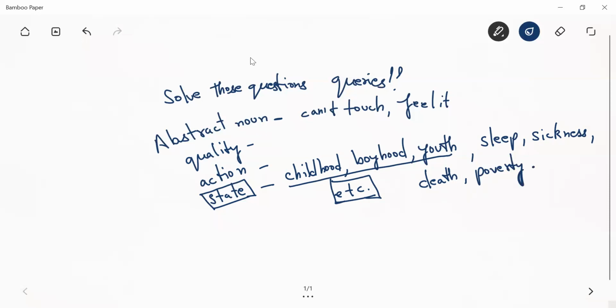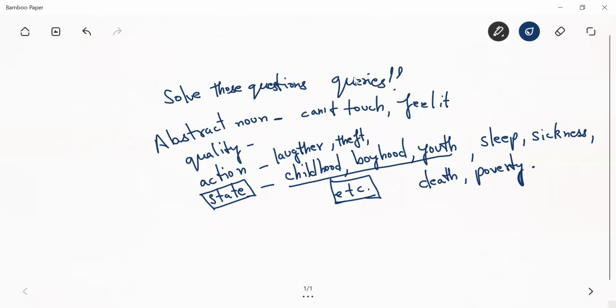Like condition. In action, what all can come? Laughter. This is an action, no? Yes, laughter. Then you have theft. When you take something from someone else's home, what are you doing?